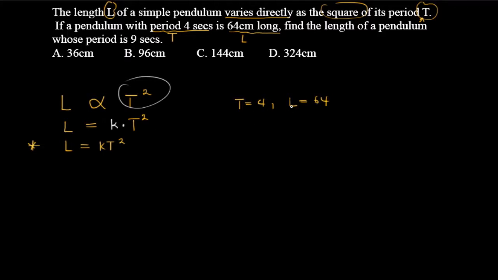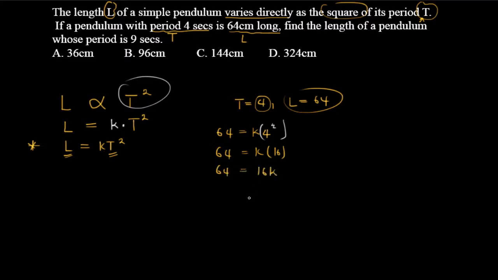When L is 64, you have 64 equals k, and then t is 4, so you have 4 squared. This is the same thing as 64 equals k times 16, since 4 squared is 16. So you have 64 equals 16k.